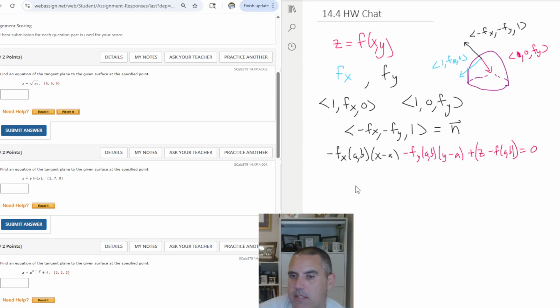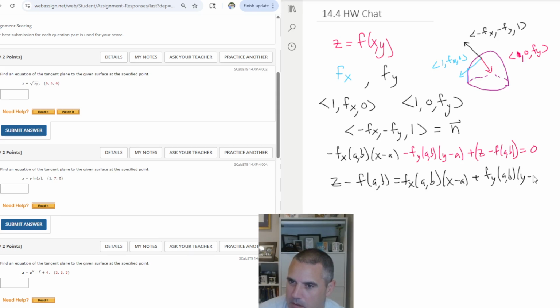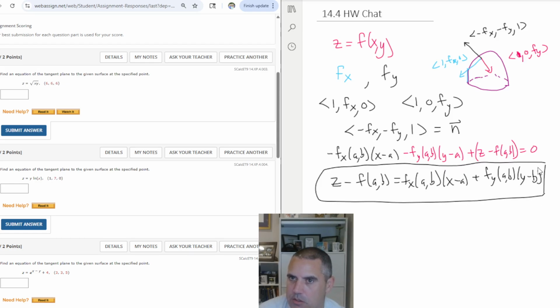But the way that's typically written is the following. And then from here on out, you don't even have to think about those vectors I just wrote. This is the tangent plane. We think of it as the plane that approximates what's happening on the surface at that point. So that's the formula of this section.